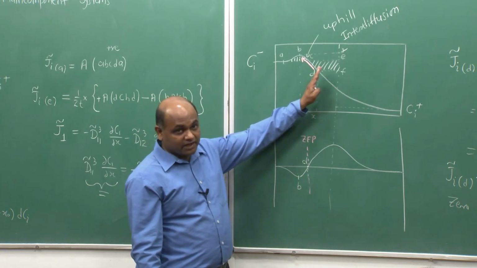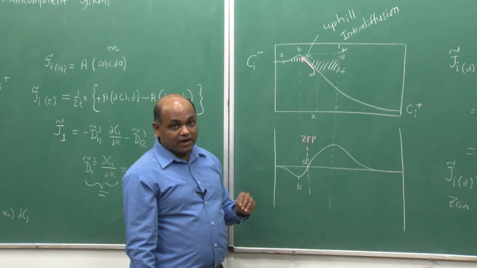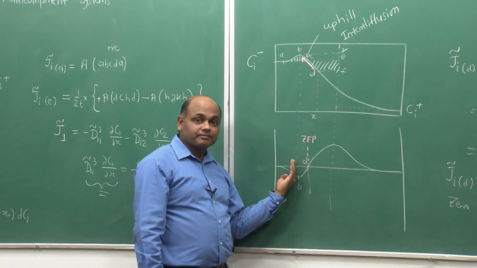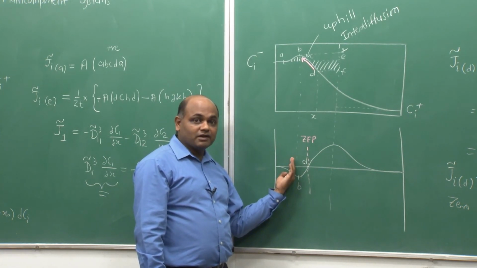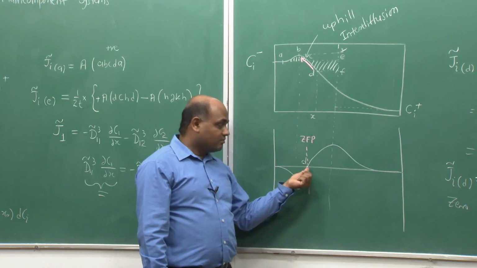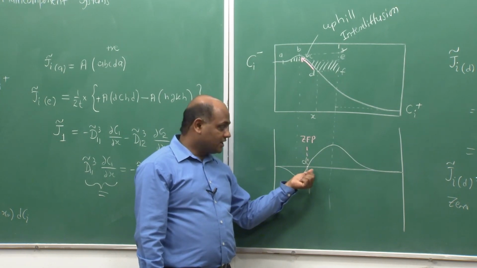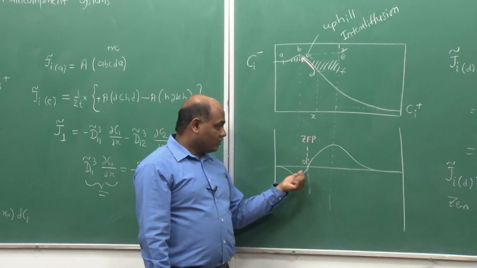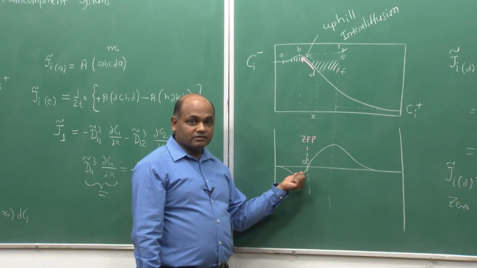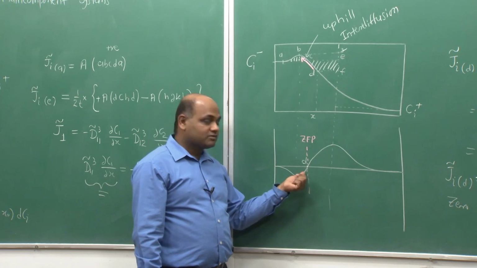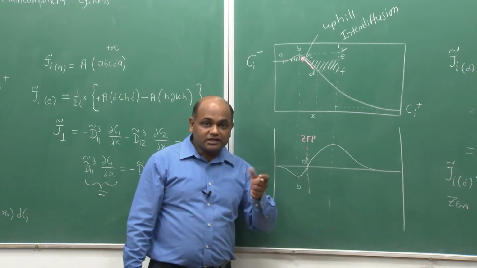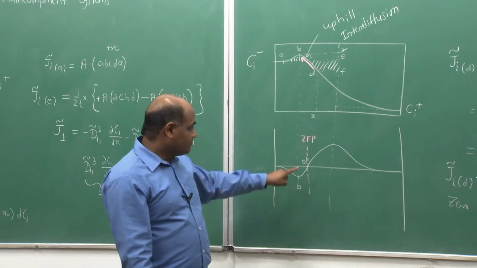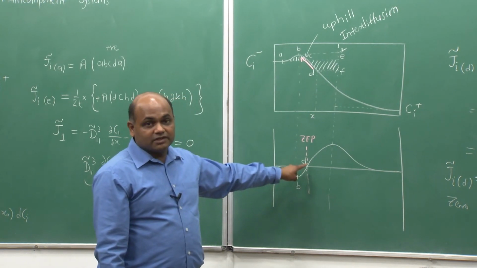So, the 0 flux plane is also moving with time, and as it moves, we can see in the volume swept by this ZFP there is a continuous reversal of the flux, where initially the flux was negative, after a certain time it will become positive. So, the component is changing direction of diffusion in the volume swept by the ZFP.